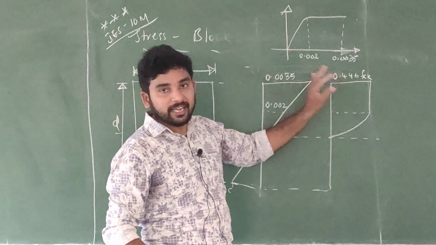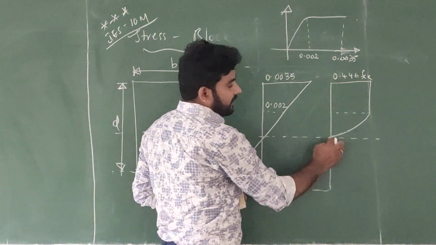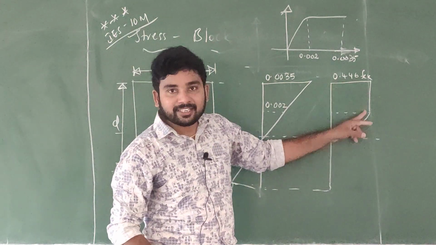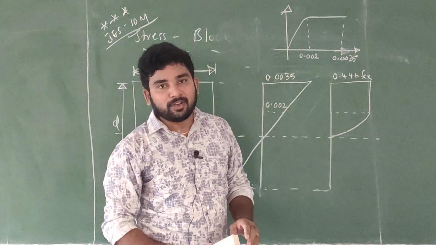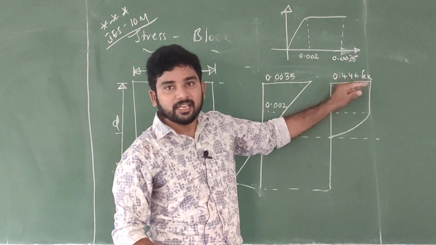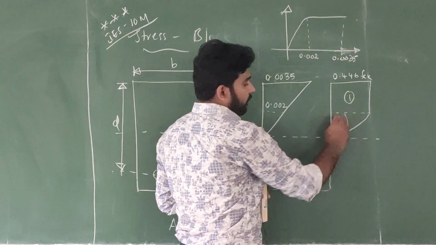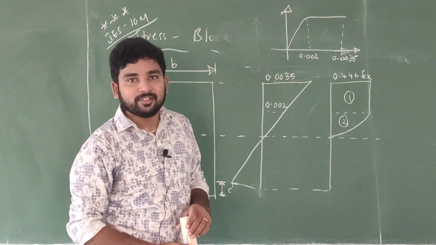Afterwards, it is a rectangular block. Now, if you see the stress block, it is not a rectangle, and not a completely parabola. Up to a certain point it is a parabola, afterwards it is a rectangle, so I am dividing it into two parts, 1 and 2.